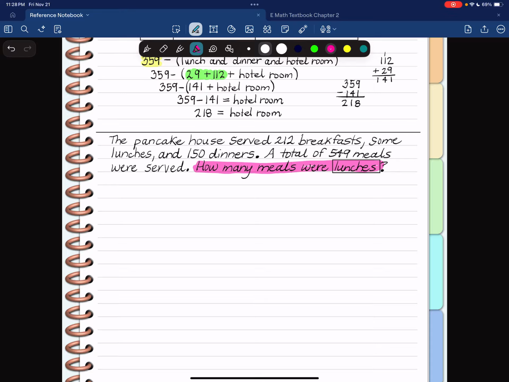So let's take a look at what we know. We know that there were 212 breakfasts, 150 dinners, and that a total of 549 meals were served.